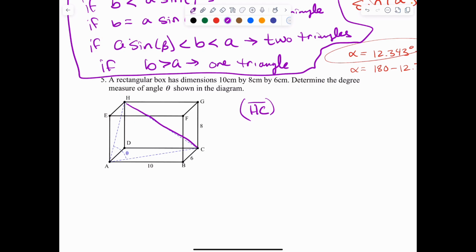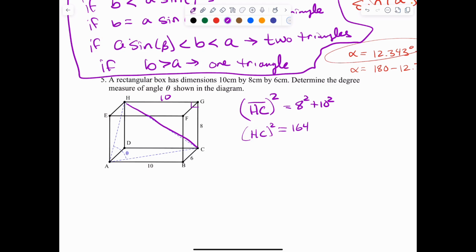HC squared is going to equal 8 squared plus 10 squared, because you can see there's a right triangle. In fact, all 3 of these have right triangles associated with them, those 3 dotted lines, but HC is the easiest one to see. So HC squared is 164. I'm just going to leave it like that.